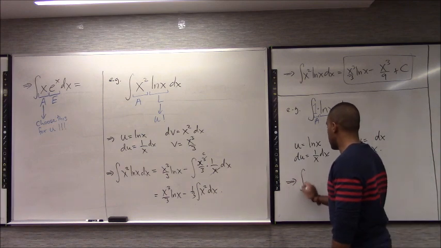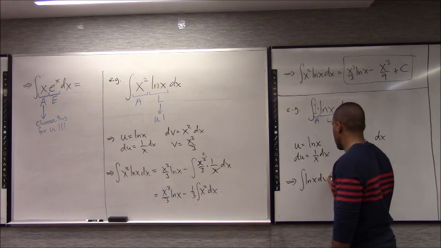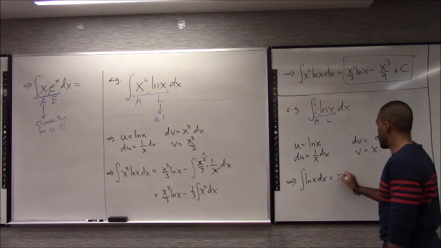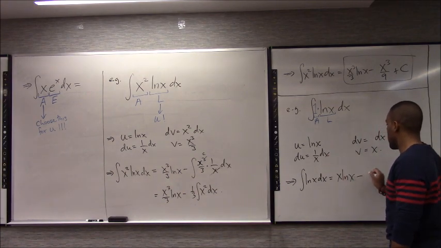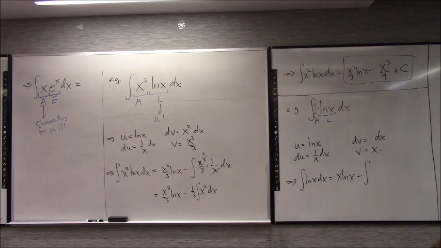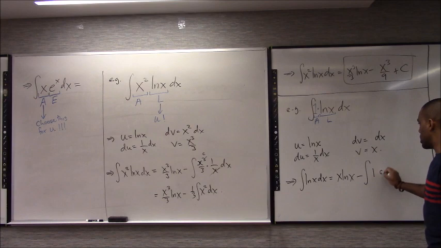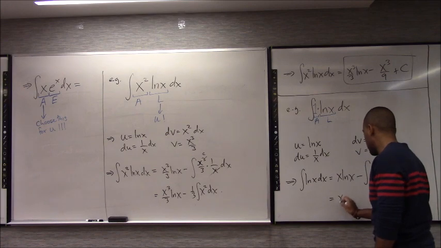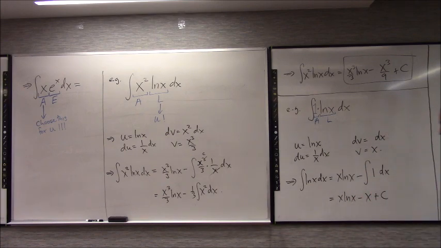And so you plug into the integration by parts formula. u times v, this is x ln x, minus the integral of v times du. That's just going to give you 1. And the integral of 1, well, we know that. That's our answer.